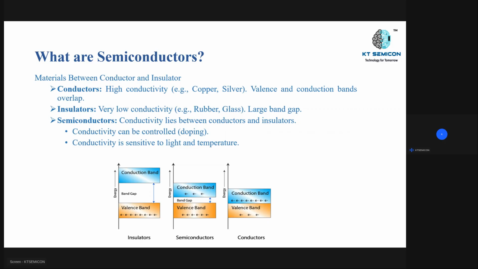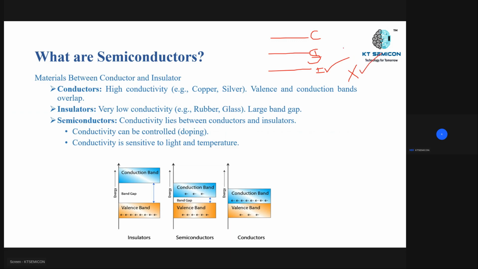Why? Semiconductor is the material in between conductors and insulators, right? So here we have three categories. The first one is conductors, semiconductors and insulators. If we choose insulators, they cannot allow any kind of charge carriers in them, even when we are increasing the temperature.